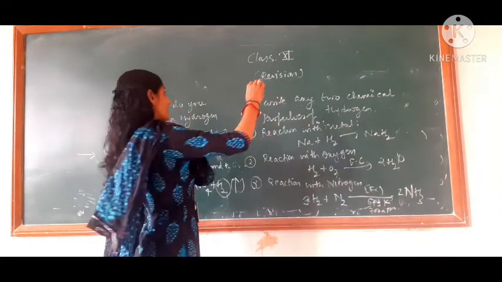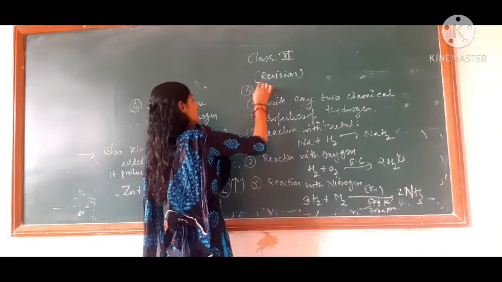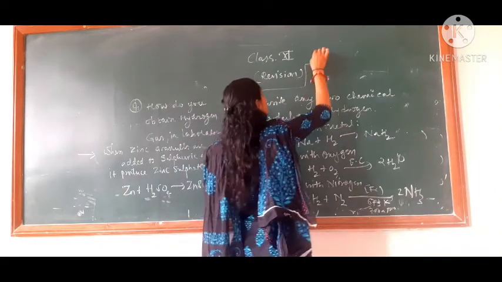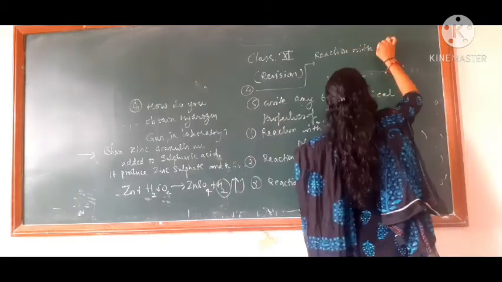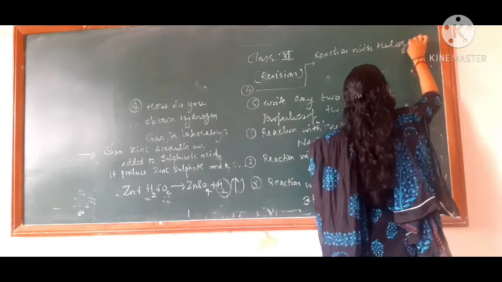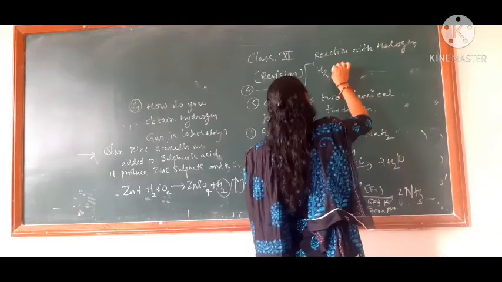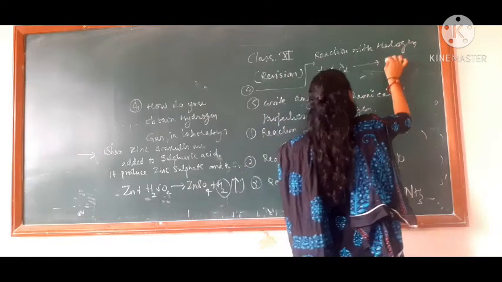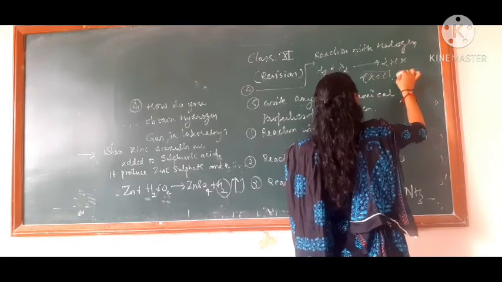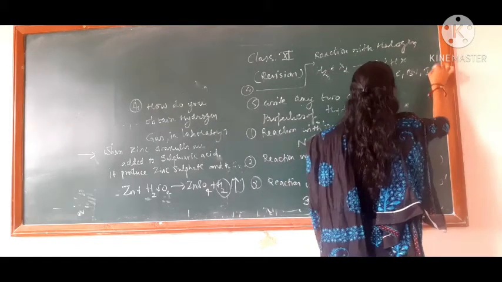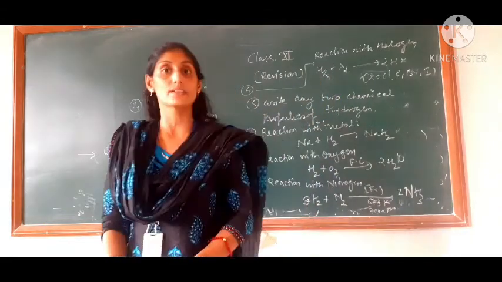And last reaction I am going to write over here is reaction with halogen. So here H2 plus X2 gives 2HX, where X may be chlorine, bromine and iodine. So hydrogen halide, we can say that.